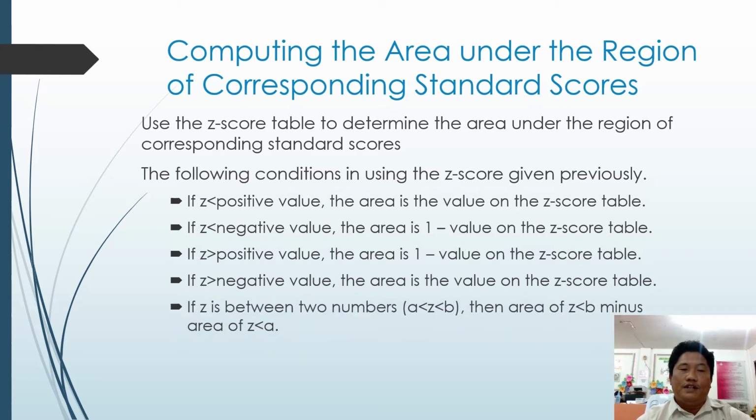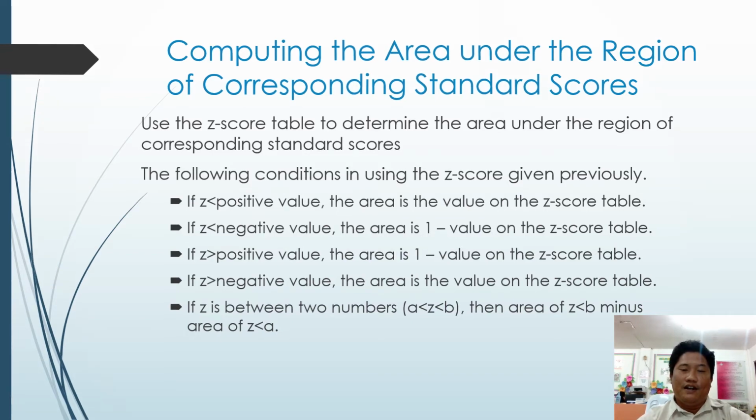And then if z is between two numbers, for example, z is greater than a but less than b, then the area is the area of z less than b minus the area of z less than a. So that's how to compute for the area. Please take note of the 5 conditions in solving for the area under the region of the corresponding standard scores.